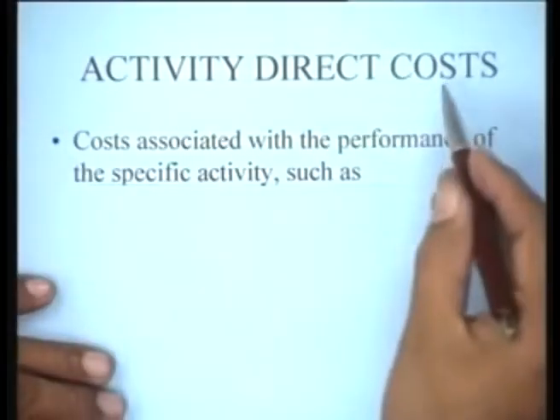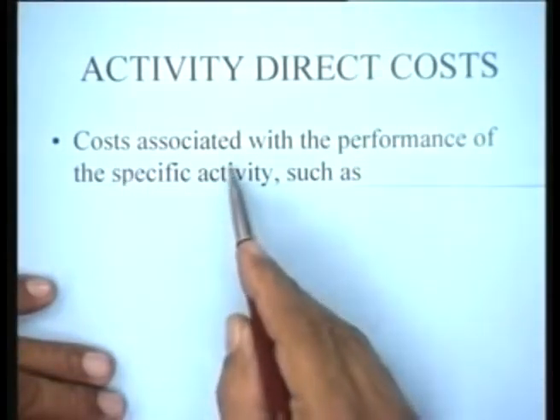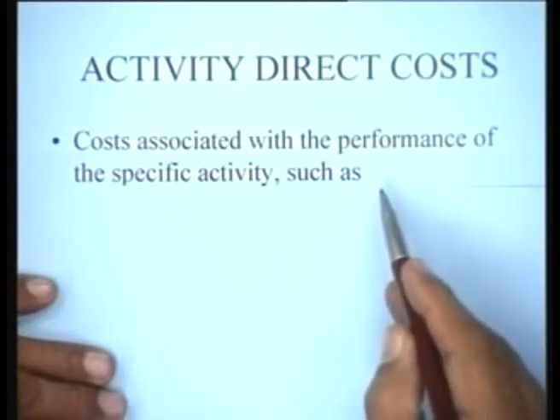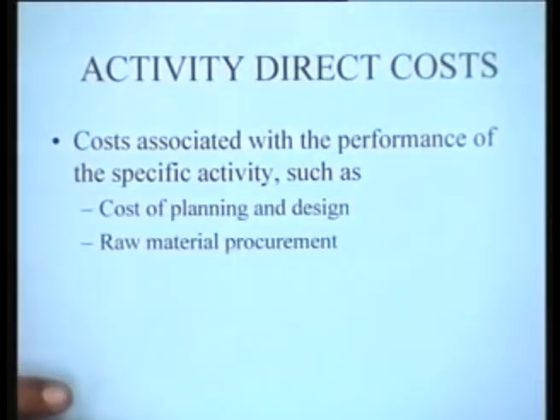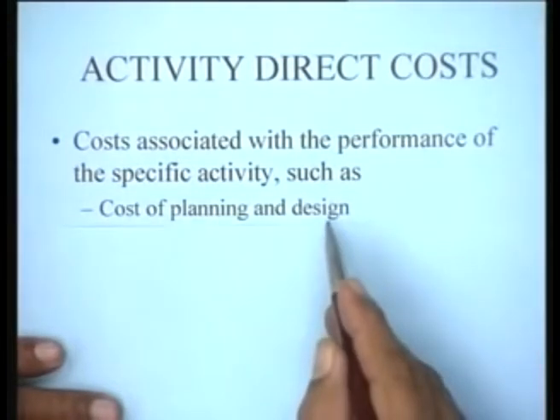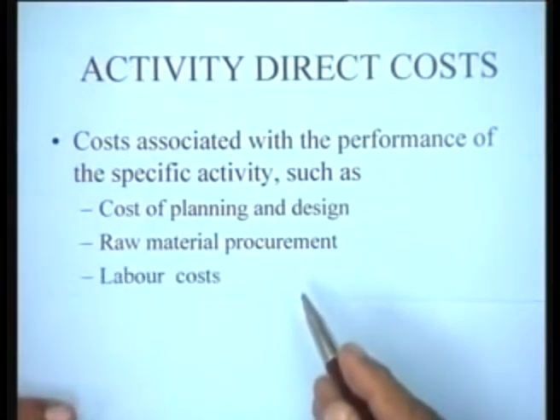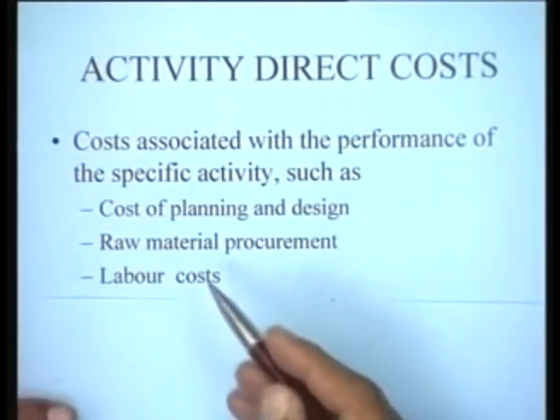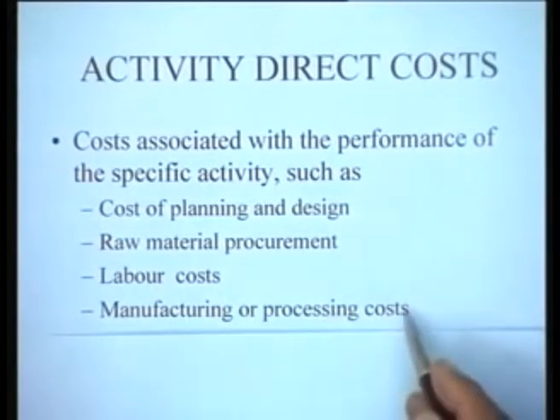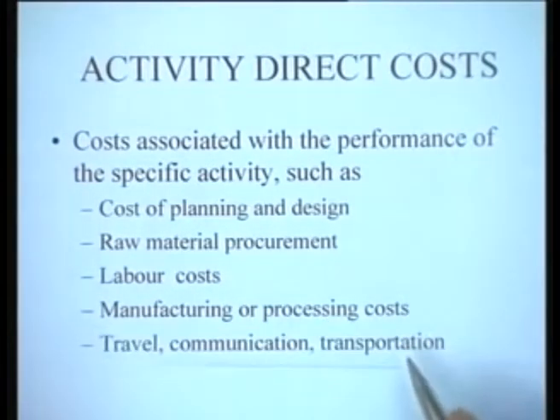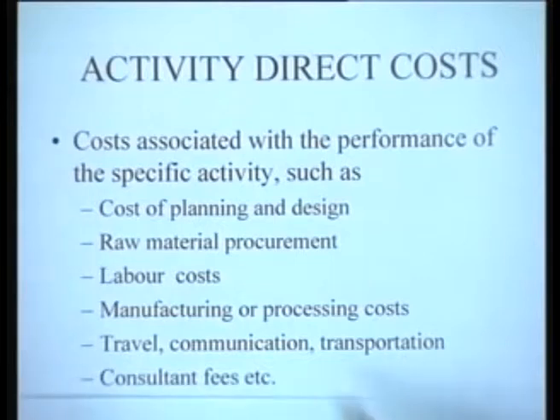The activity direct costs are those costs which are associated with the performance of the specific activity, and specifically these costs will include the cost of planning and design of that activity, the raw material procurement for that activity, the labor costs for that activity, the manufacturing or the processing costs involved in that activity, the travel, the communication and the transportation of both men and goods involved in that particular activity, and the fees of any consultant that you hire to give you either technical advice or some other advice.